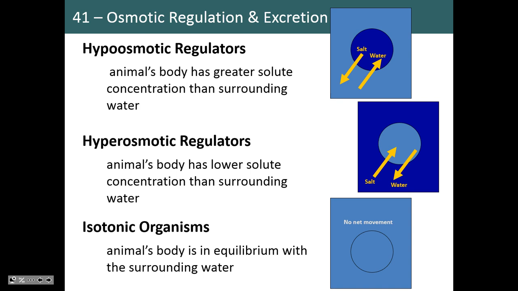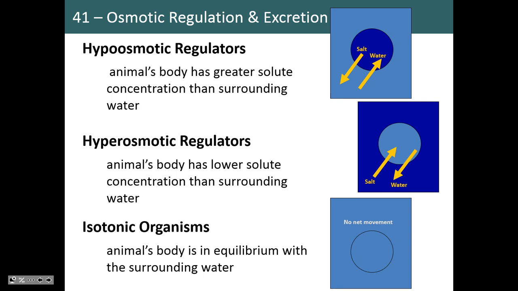And then some organisms are known as isotonic organisms. And these are organisms who allow their body to be at equilibrium with the surrounding water. So water goes in and out, salt goes in and out, but there's no net movement, no gain or loss of either solutes or fluids for those organisms. Okay.